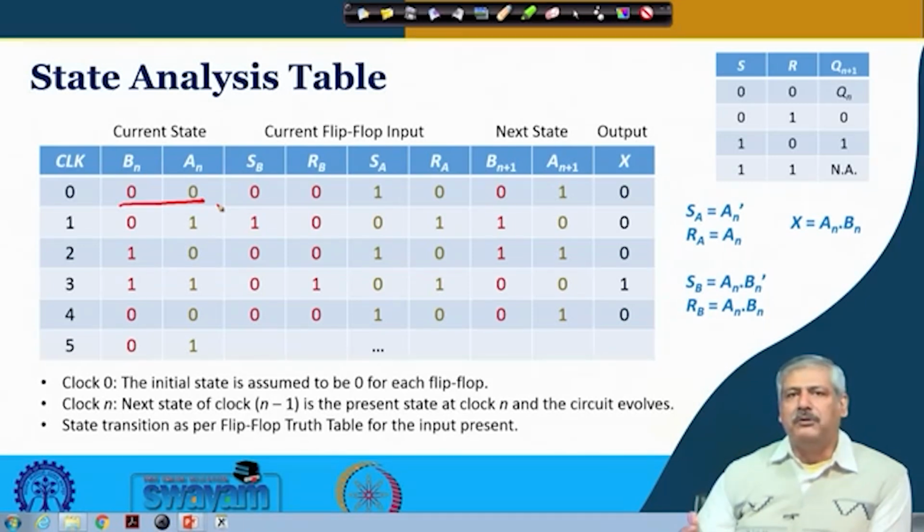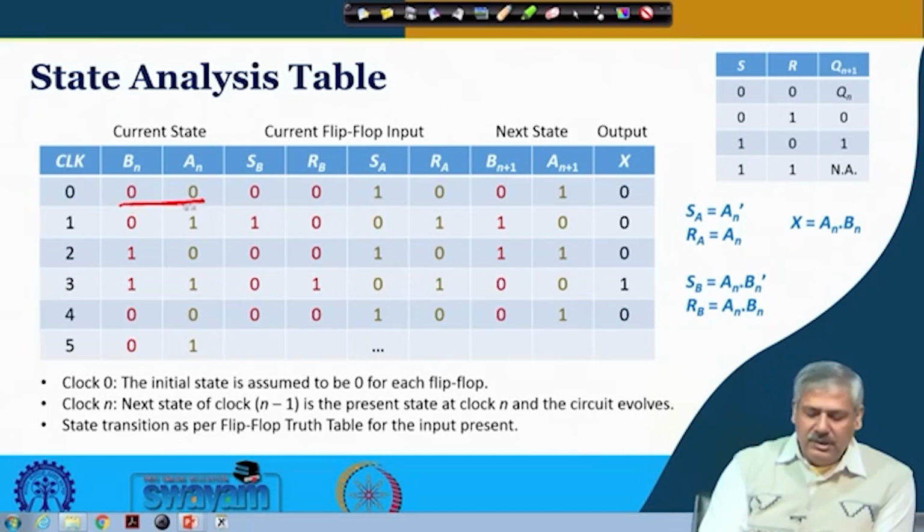The flip flop usually will have an asynchronous clear or clear input, okay. In some flip flops a preset input may also be there, but clear is available, okay. Otherwise, you can also drive it, if it is possible, by synchronous clear or preset to come to a particular initial state, okay.